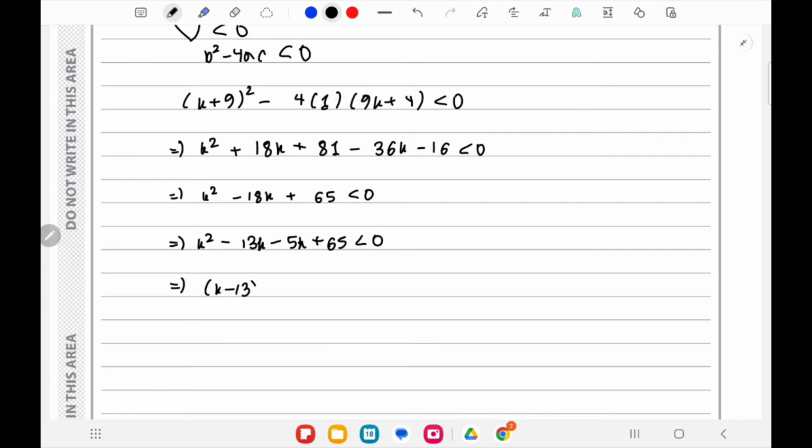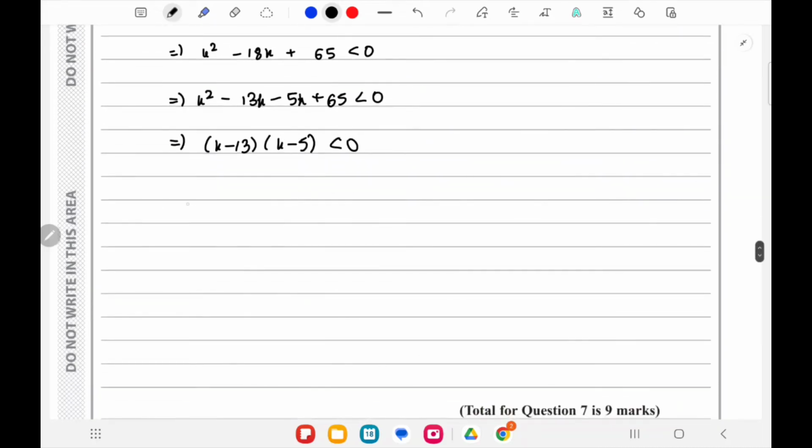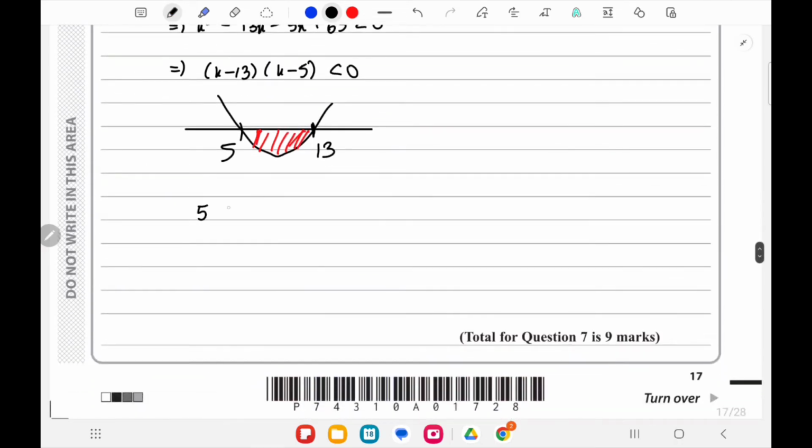So k minus 13 into k minus 5 less than 0. So there will be an intersection at 13 and 5, and we need less than 0, so this region. So k will be between 5 and 13.